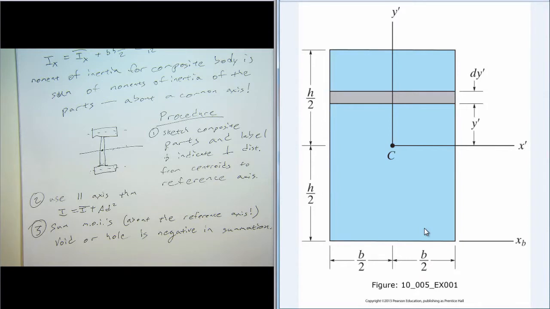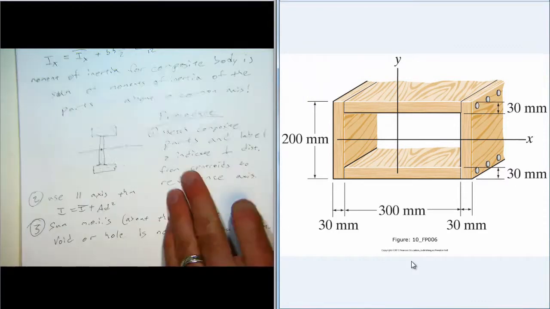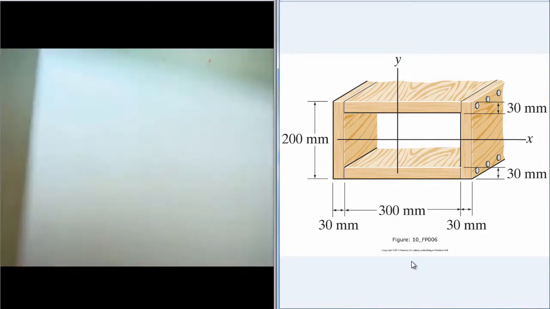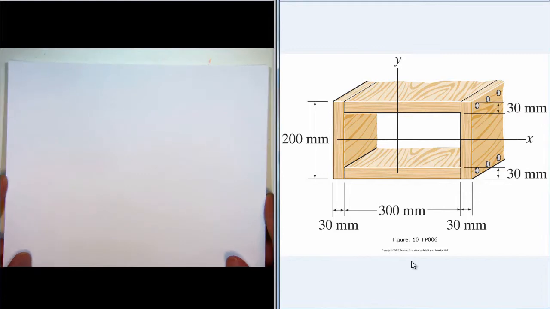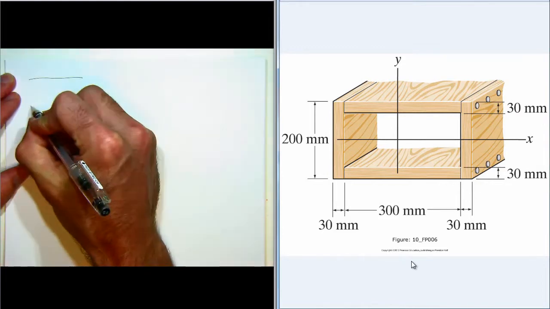Now we'll look at some example problems. First is fundamental problem 10.6. There are two ways to approach this composite body. We can think of it as being four separate rectangles, which is sort of how it's drawn. So what I mean is this.